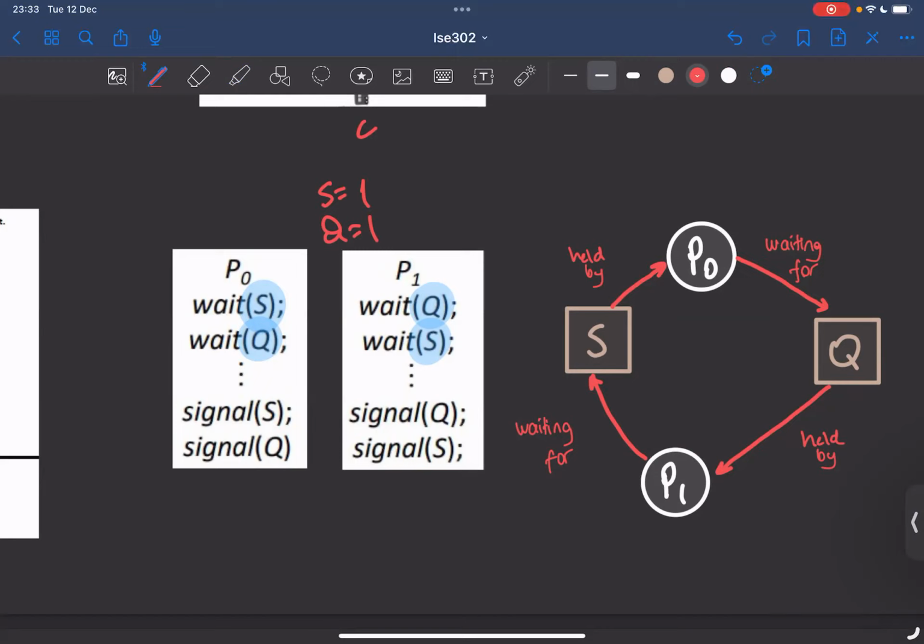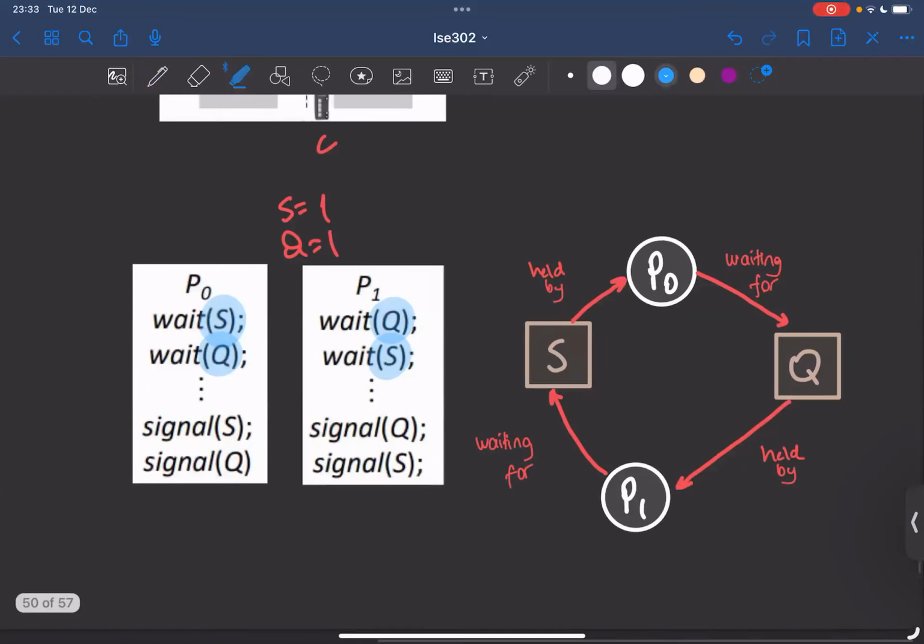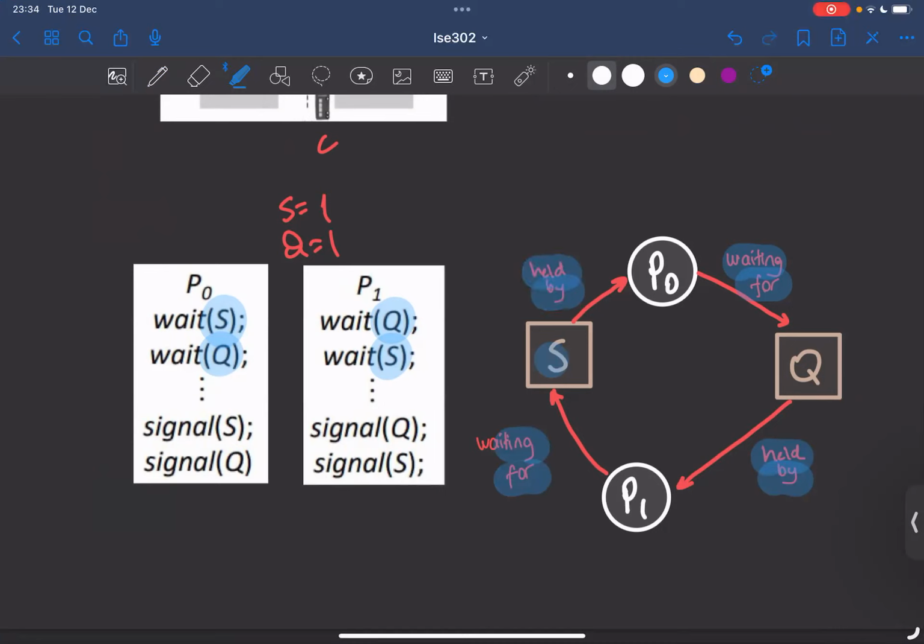So in this implementation, P0 is waiting for Q, and Q is held by P1, and P1 is waiting for resource S, and S is held by P0.